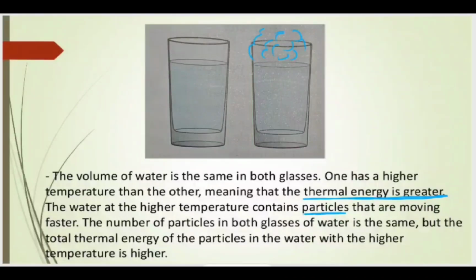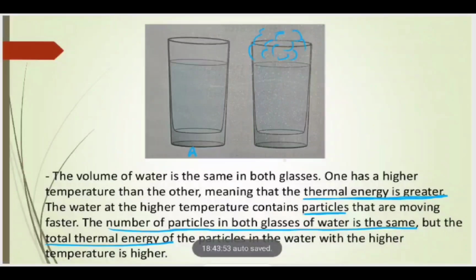The number of particles in both the glasses of water is the same. But the total thermal energy is more. The energy of those particles is more, which is hotter, right? So if A is at room temperature and B is hotter, that means B has more thermal energy in it.